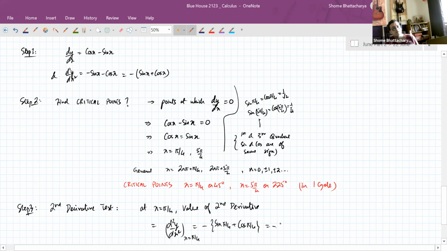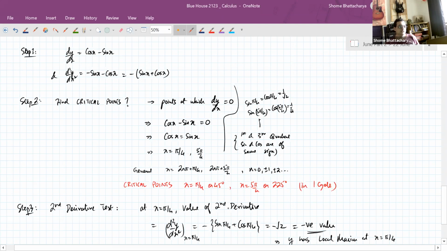You'll see that is a negative value. Okay, so that implies that the function has local maxima at x equal to pi by 4.